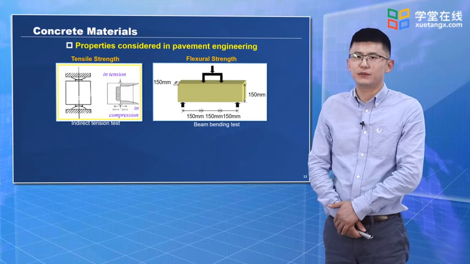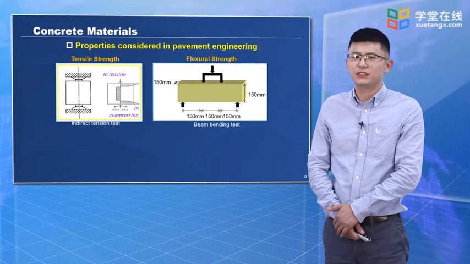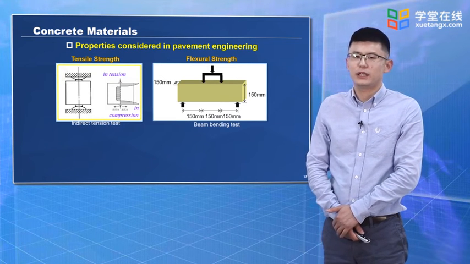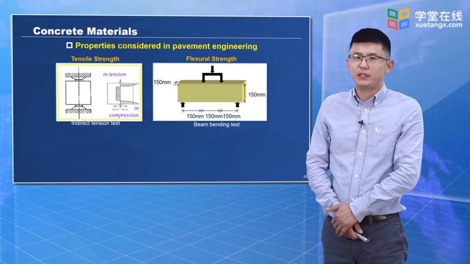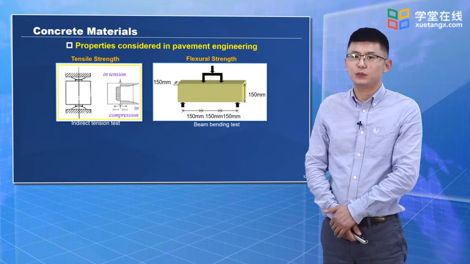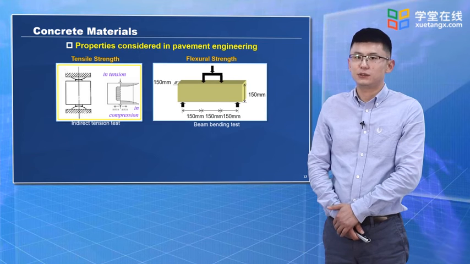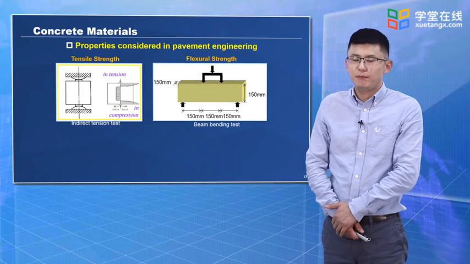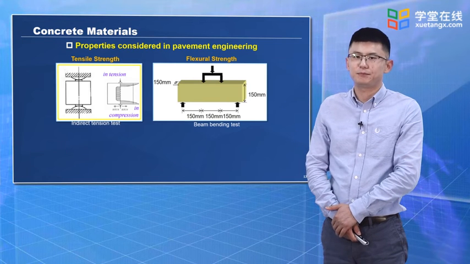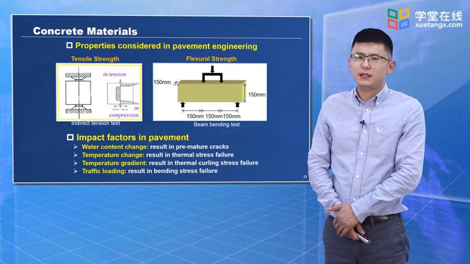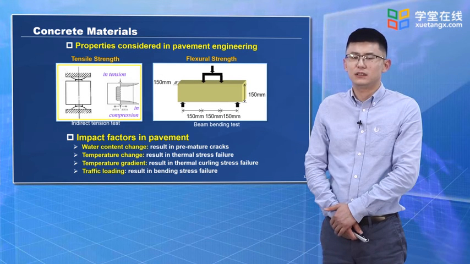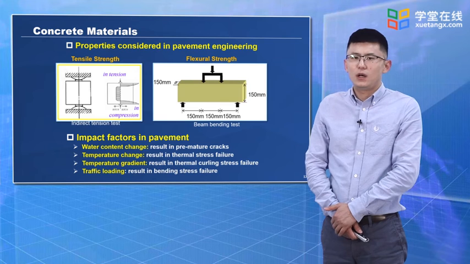For the concrete materials, two important properties we need to consider in pavement engineering are the tensile strength and the fracture strength. We can use different test methods. For example, for the tensile strength, we can use the indirect tensile strength test, and for the fracture strength, we can use the beam fracture bending test. And some impact factors in the pavement can affect the properties, for example the water content.